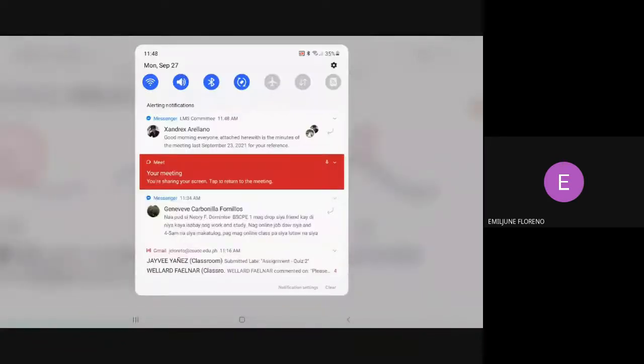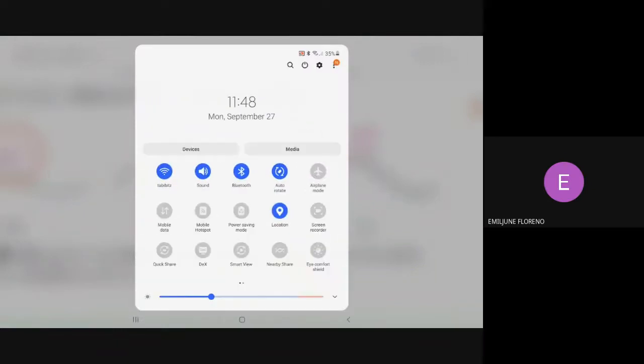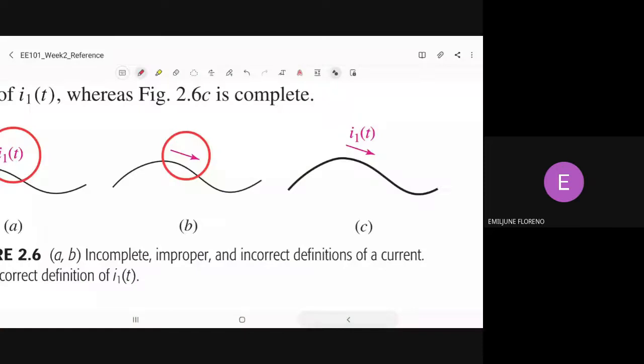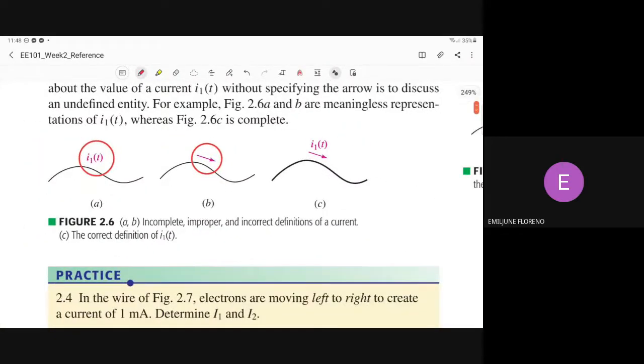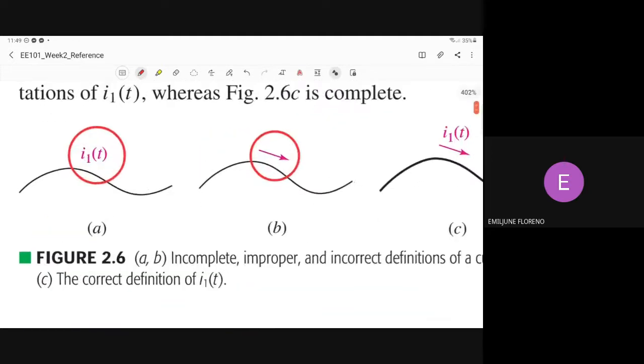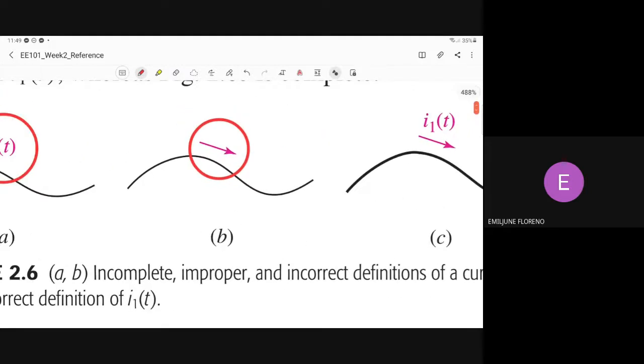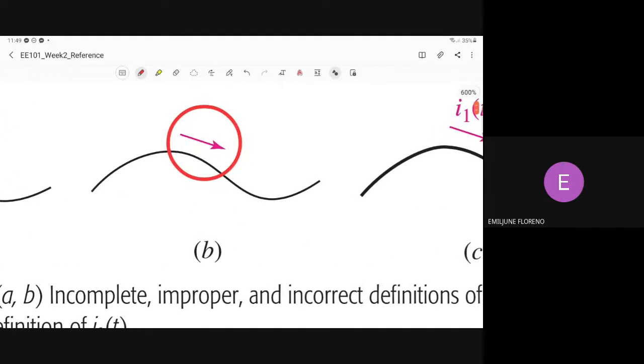Okay? So dili enough nga I of T, dili pod enough nga arrowhead. Letter I to represent your current, dili pod enough nga arrowhead lang.